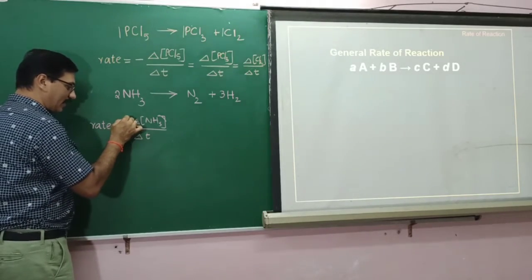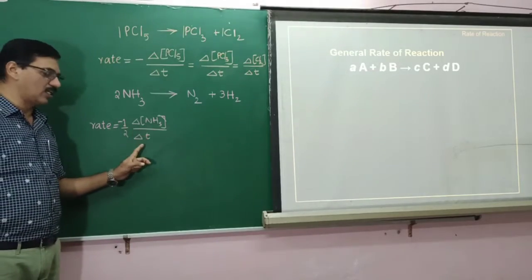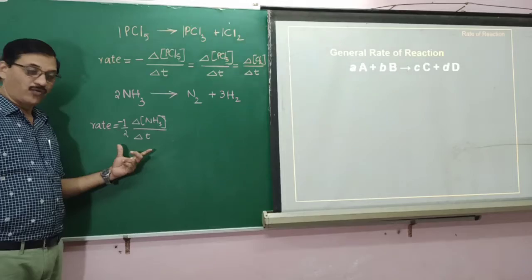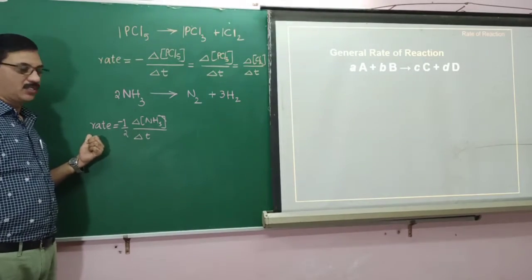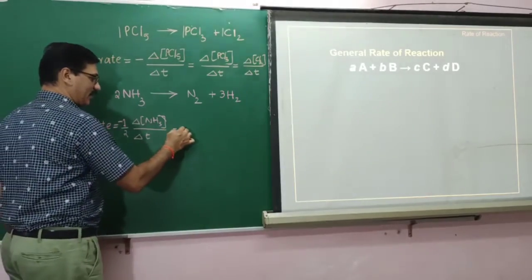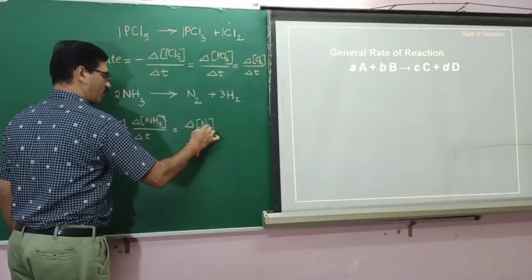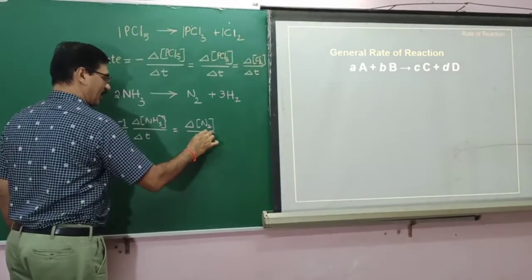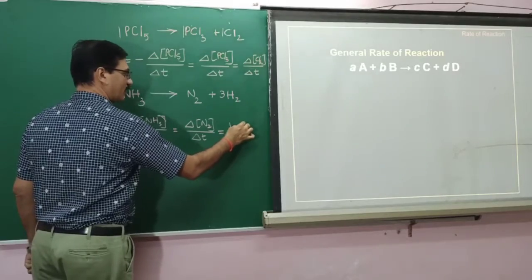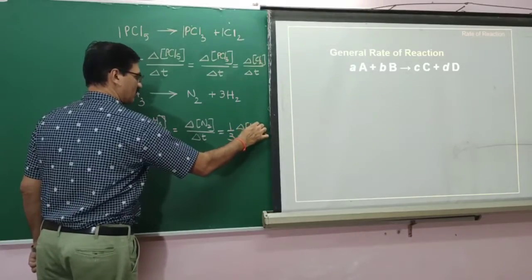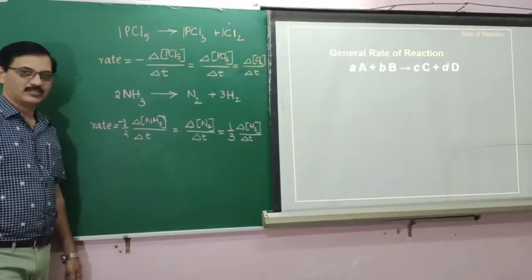So again minus sign is there anyway. Minus 1 by 2 delta NH3 by delta T will give you the rate of this reaction. So in terms of the product, this is change in concentration of N2 by delta T and is equal to 1 by 3 change of concentration of hydrogen versus time taken.